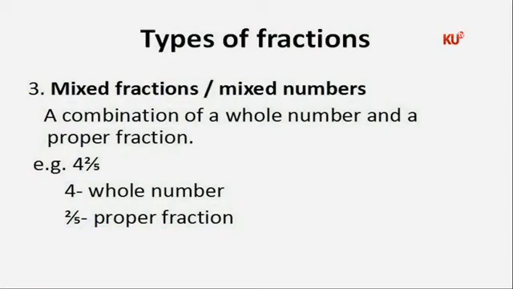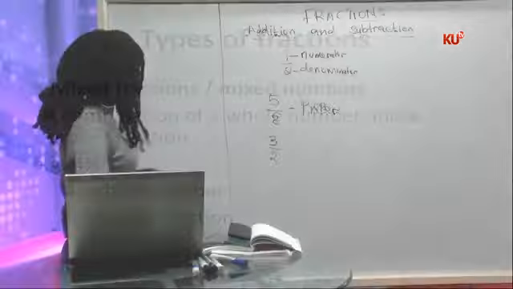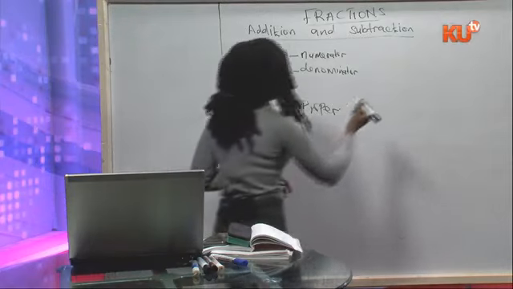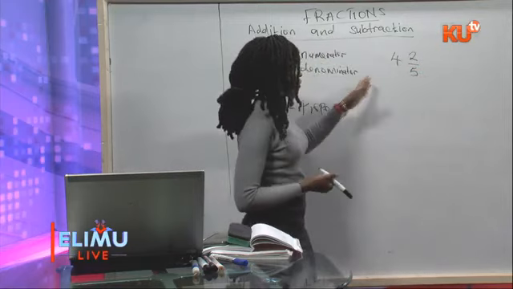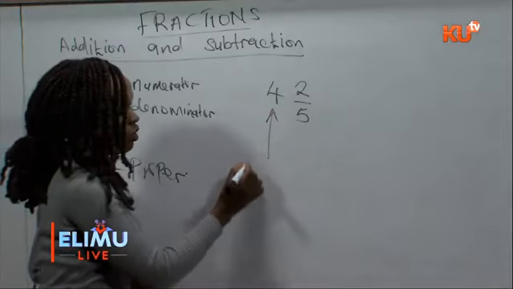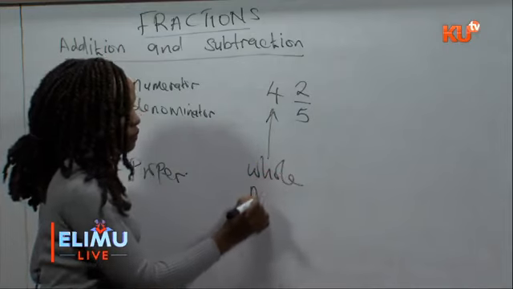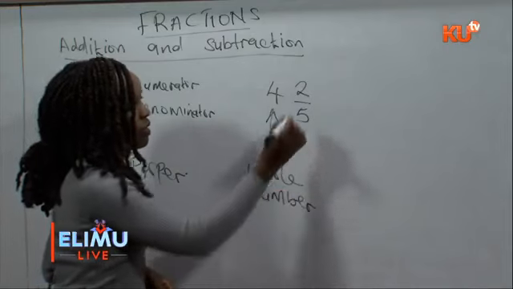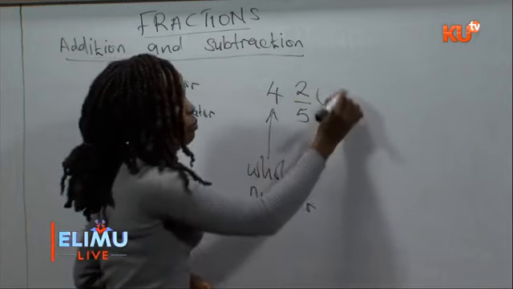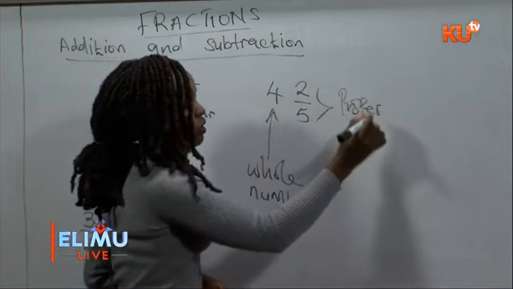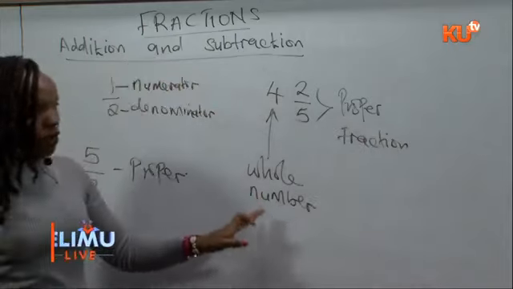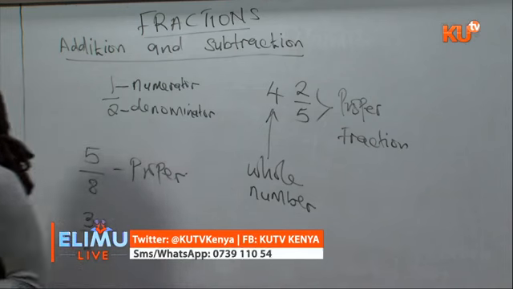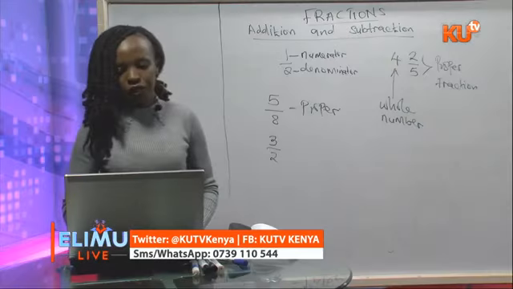For example, if I have something like 4 2/5, this is a mixed fraction. 4 is a whole number, and then the 2/5 is a proper fraction. So this combination of a whole number and a proper fraction, that's what we call a mixed fraction.